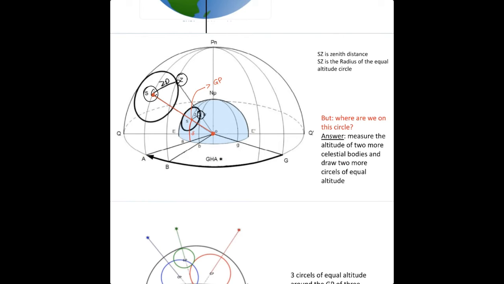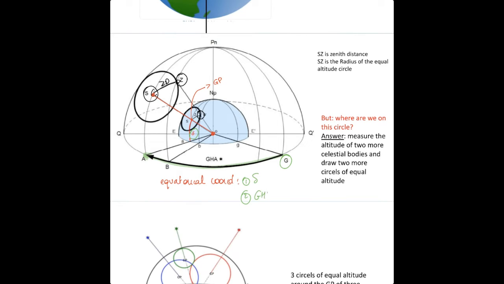The geographical position is defined by the equatorial coordinates, being first the elevation above the celestial horizon, which is our declination. And secondly, if this is the meridian of Greenwich measured in a westerly direction, we have the celestial body's Greenwich hour angle, which is this angle here.